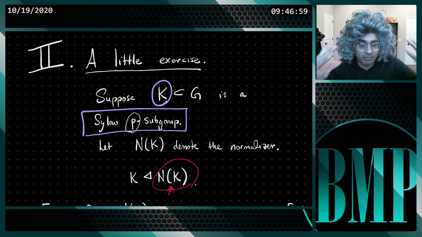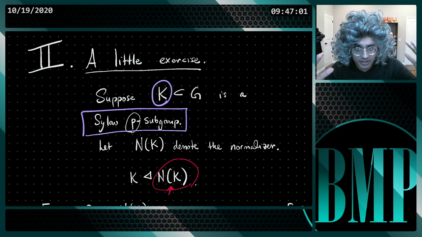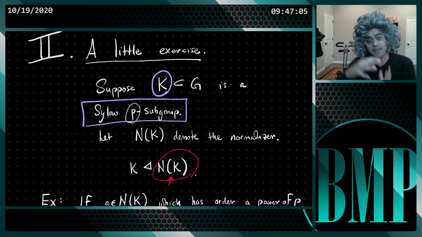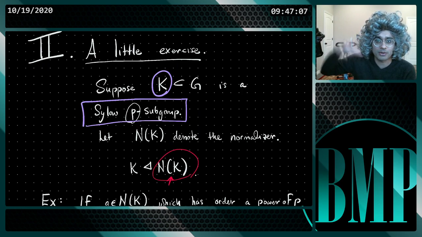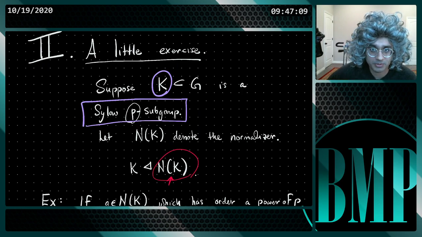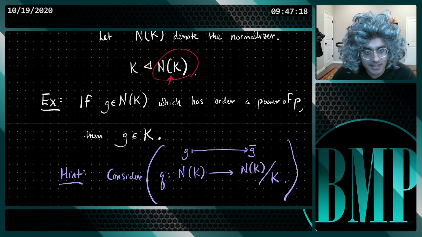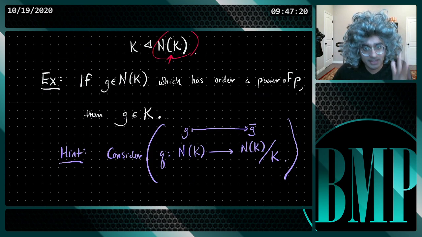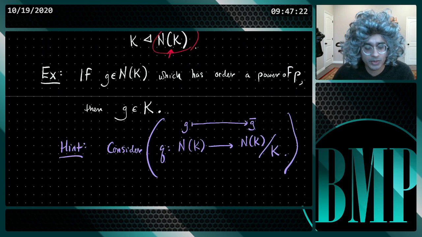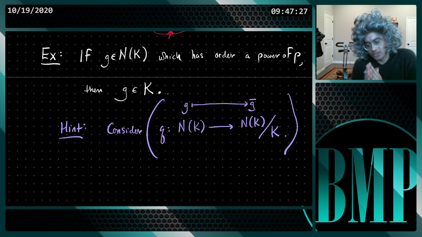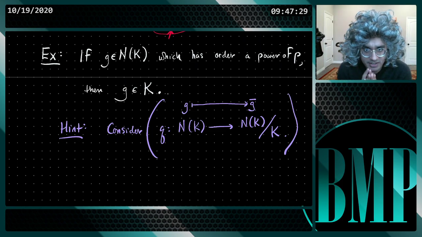There's no group of prime power order that's bigger than K that contains K. K is maximal among prime power subgroups, the p-power groups inside of G. It's the largest possible size. So that's the hint, and I'm going to put this exercise in this week's homework. But we can understand the content of the exercise.